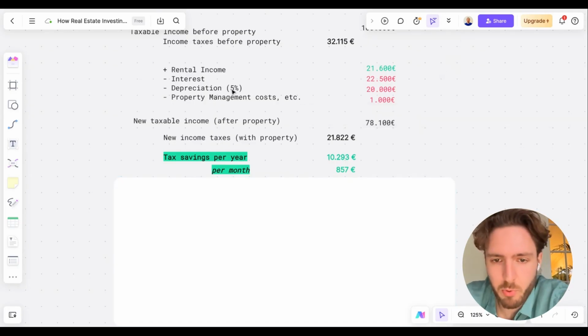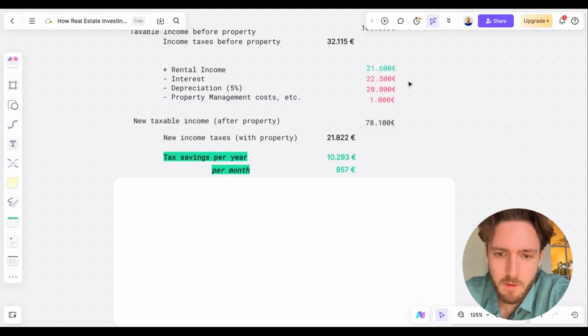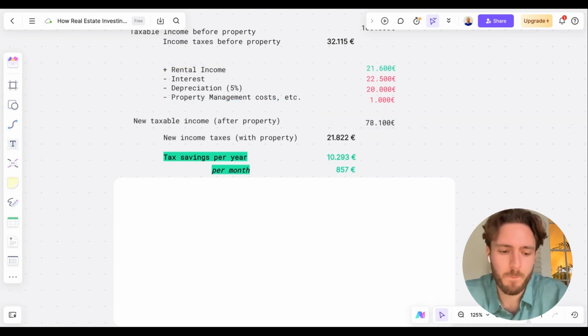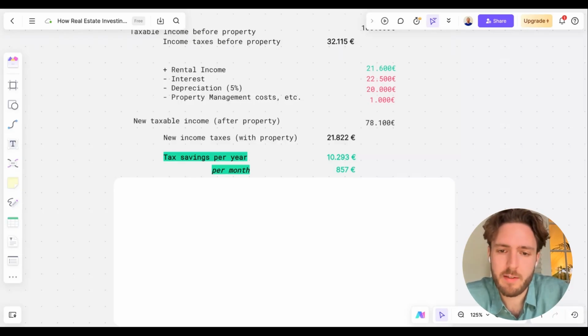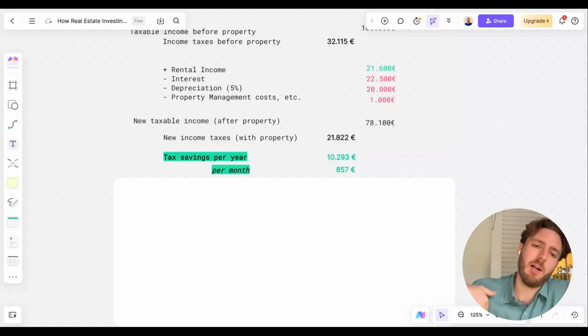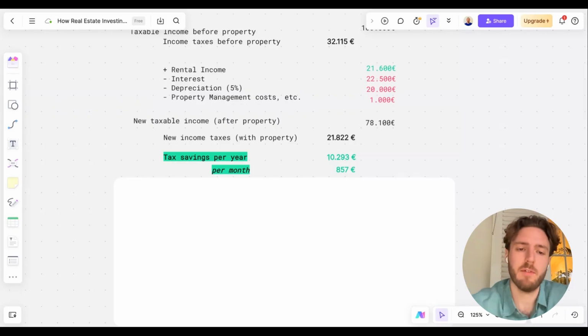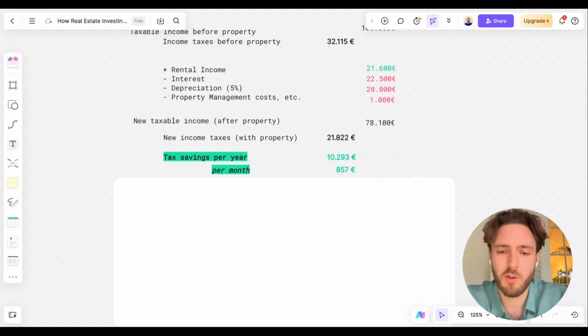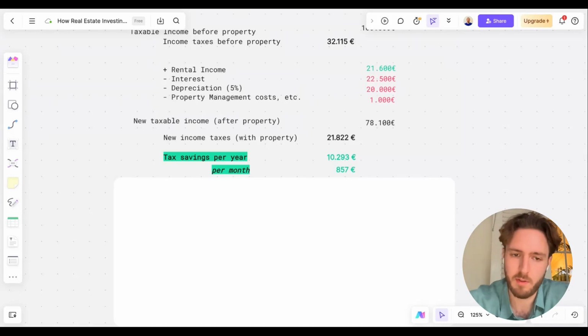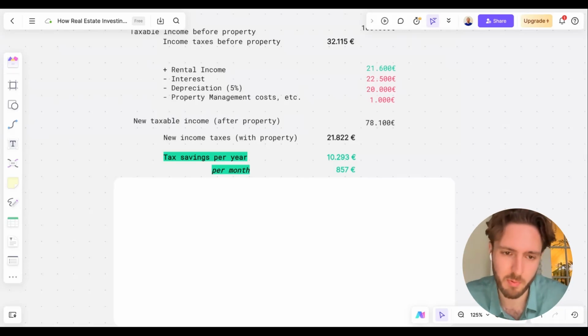Okay. One very important point here is the depreciation. The depreciation basically means that towards the tax office, your property loses value every year, whereas on the real estate market, your property increases in value every year. So there's a very important differentiation between depreciating towards the tax office and depreciating in terms of value if you want to sell the property in the future, for example, or you see property prices going up, right?